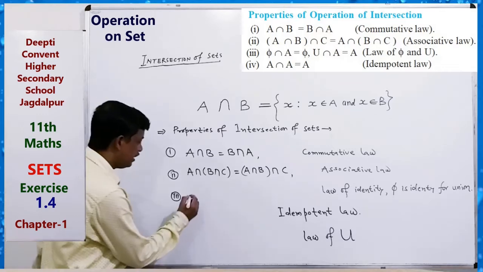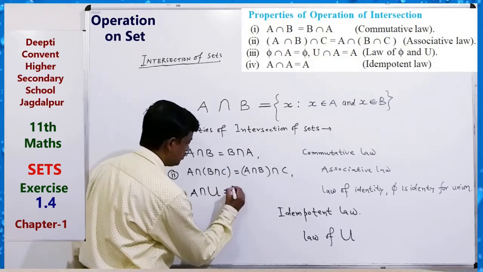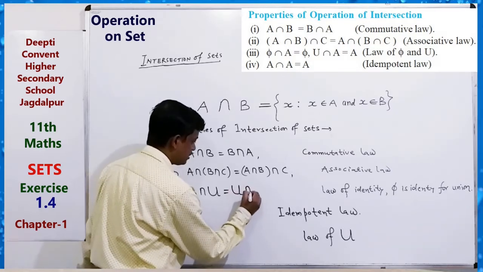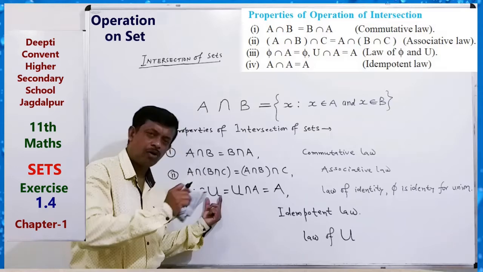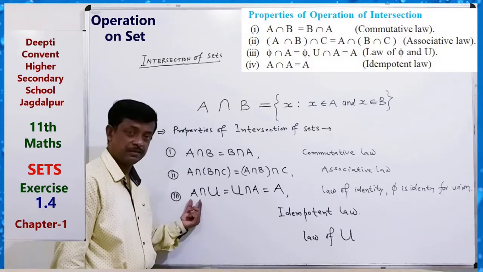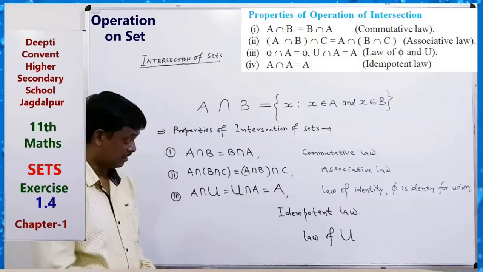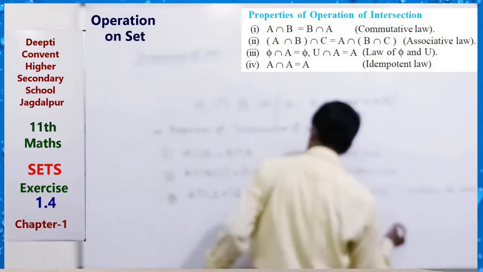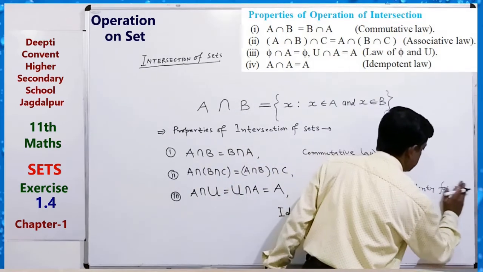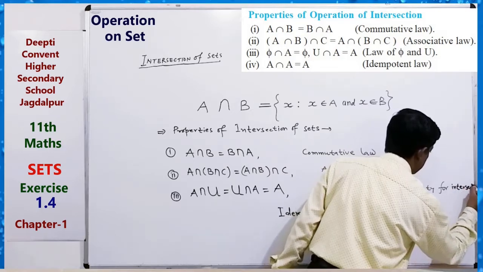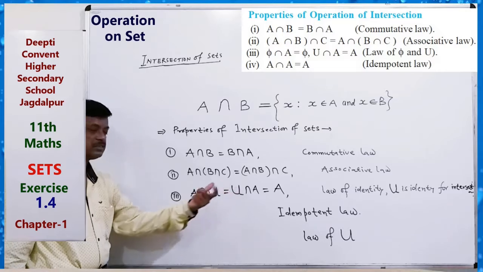A intersection universal set equals A, and universal set intersection A equals always A. You can see the universal set contains all the sets and subsets, so it also contains A. The common part of both will be A. Similarly, this equals A. So the law of identity here: the universal set is the identity element for intersection.